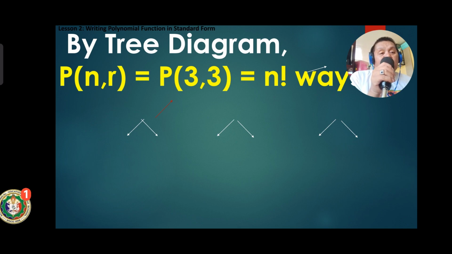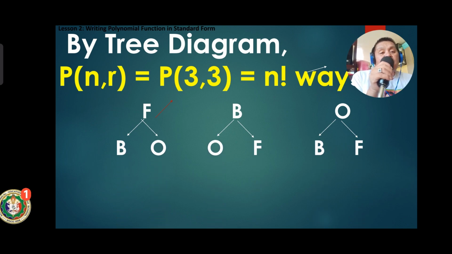So we have now 3 taken 3 at a time. If n is equal to r, this is automatically equal to n factorial ways. So we have the 3 letters FBO paired by BO, then B for OF, then O for BF. And for F, we have OB, and for BFO, and for OFB.